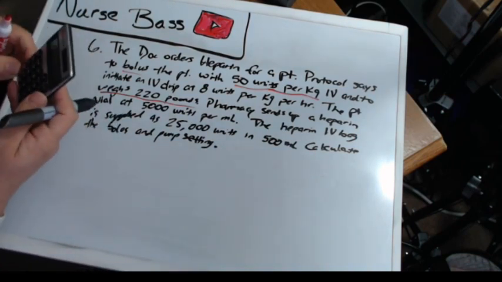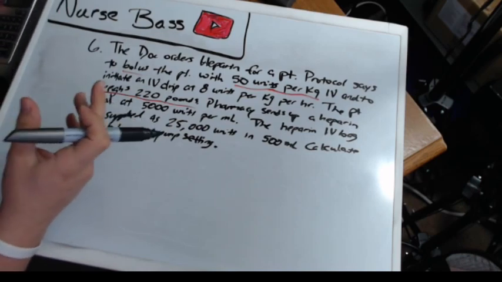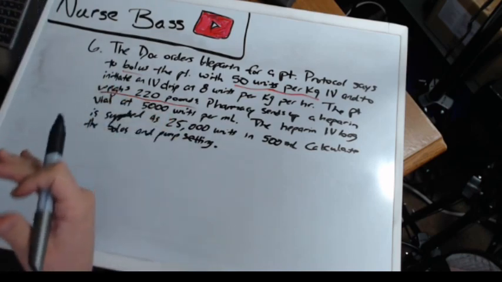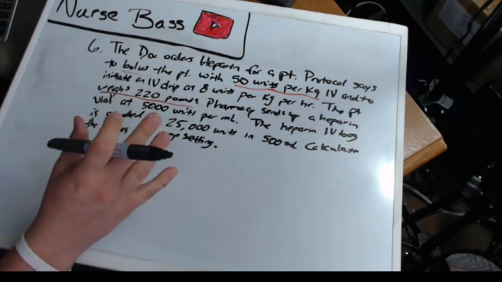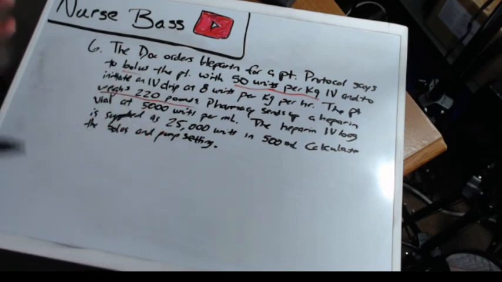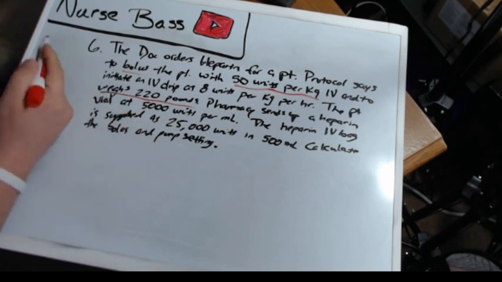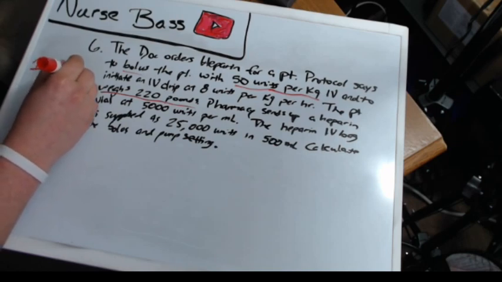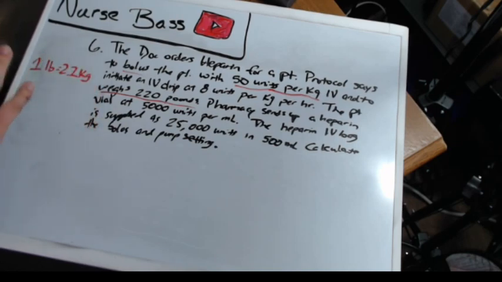Again, you will get a lot of questions that require you to convert from pounds to kilograms and vice versa. So this is something that you just have to know. Okay? One kilogram is equal to 2.2 pounds.